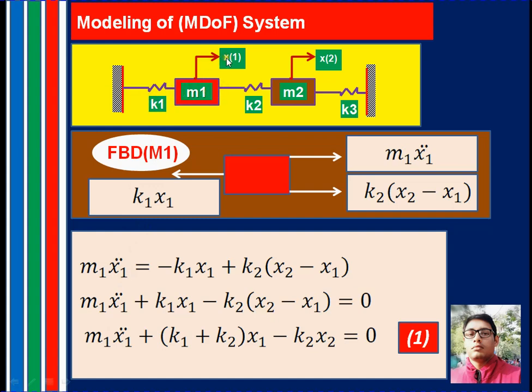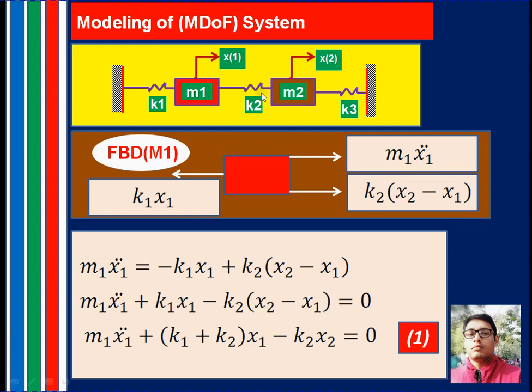Similarly, the body m1 is moving towards right by x1 and the body m2 is moving towards right by x2. So depending on the magnitude of x1 and x2, either the spring is stretched or it is compressed. If you take x2 greater than x1, then it will be elongating. Correspondingly, the spring K2 will pull the block m1 towards right.